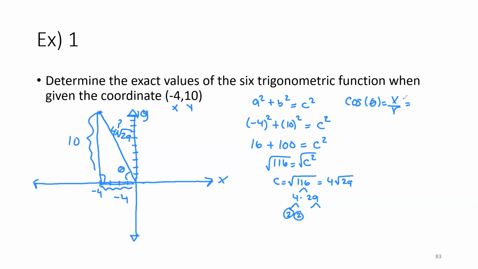So your x value is -4, and your radius is 4 radical 29. We can simplify this. The 4's cancel, so you're just left with -1 over radical 29. And then rationalize. So that's negative square root of 29 over 29.